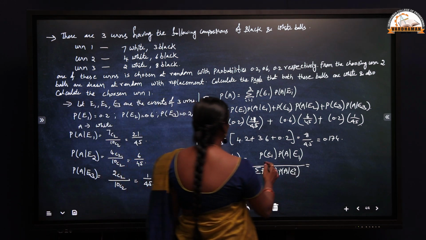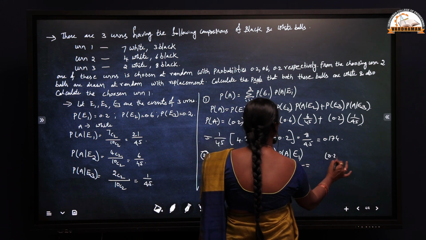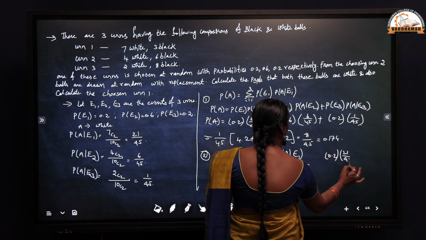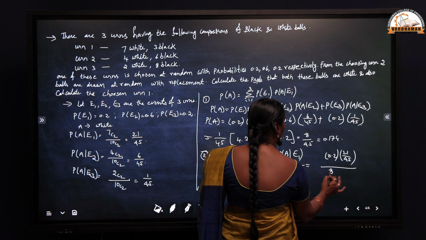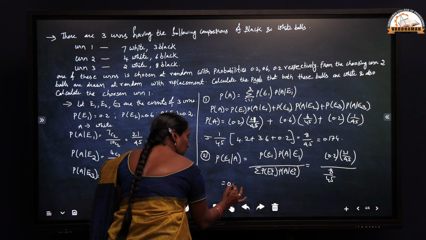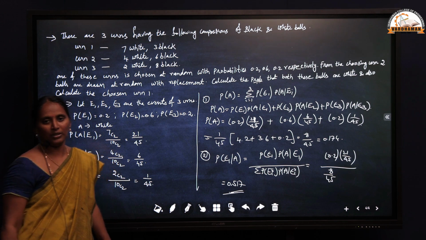So P of E1 is 0.2 into P of A given E1 which is 21 by 45, divided by 8 by 45. Now simplify this, and you will get the required probability, 0.517, by the Bayes theorem.